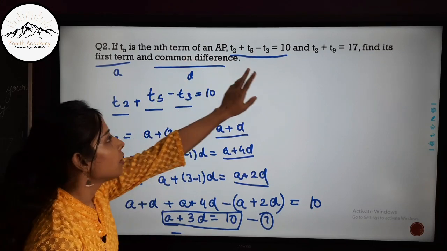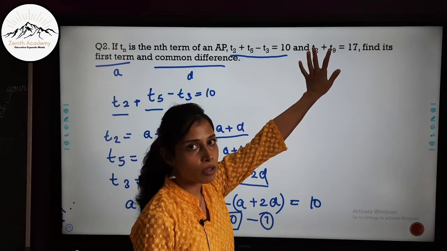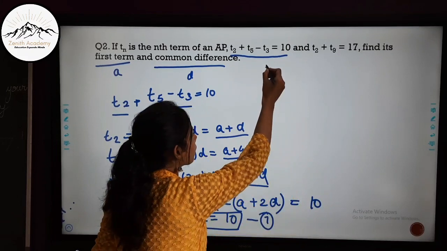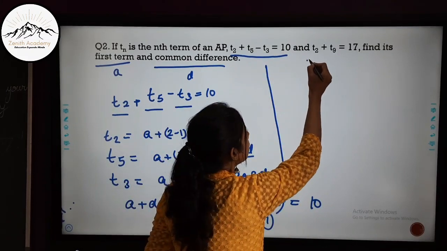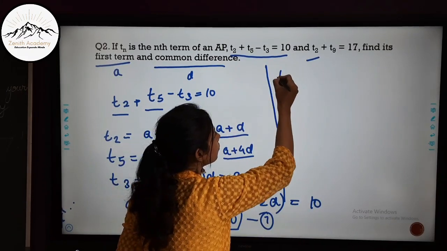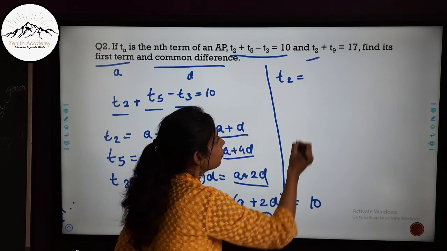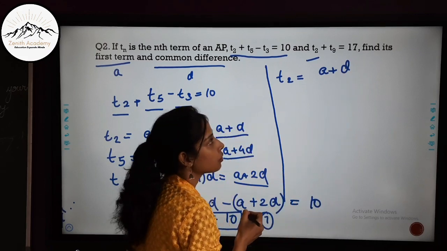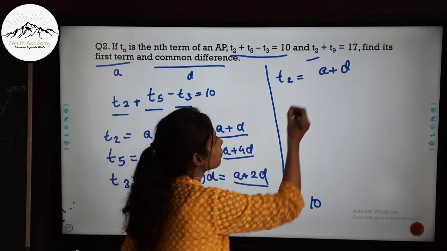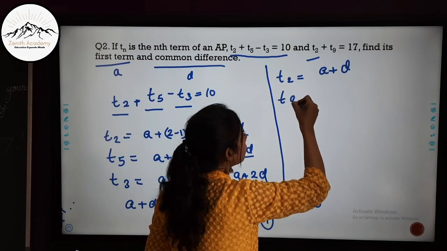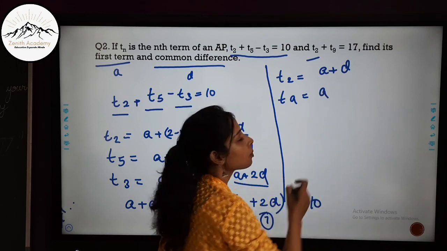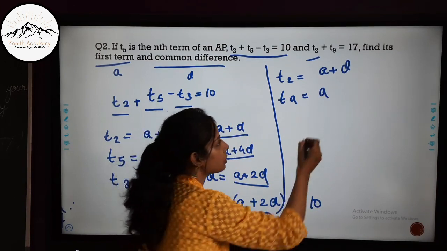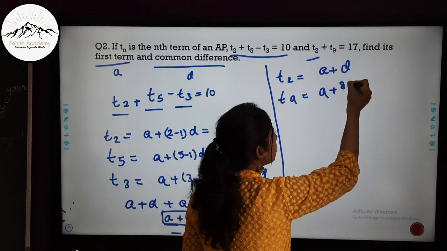In a similar manner, we can write this equation also in terms of A and D. T2 will be equal to A plus 2 minus 1 into D, which will give us A plus D. T9 will be equal to A plus 9 minus 1 into D, which will give us A plus 8D.